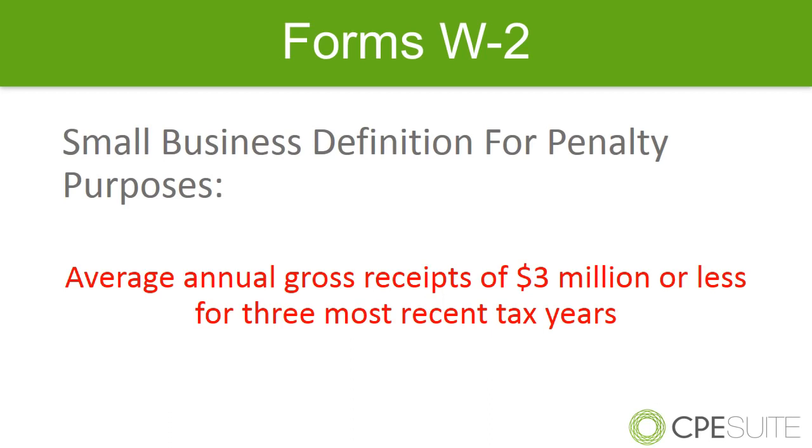So if we're talking about 2015 W-2s, we're talking about 2013, 14, and 15 are the 3 years that the IRS is going to look at. So if the average annual gross receipts for those 3 years is $3 million per year or less, then the reduced penalty rates can be applied to the taxpayer.